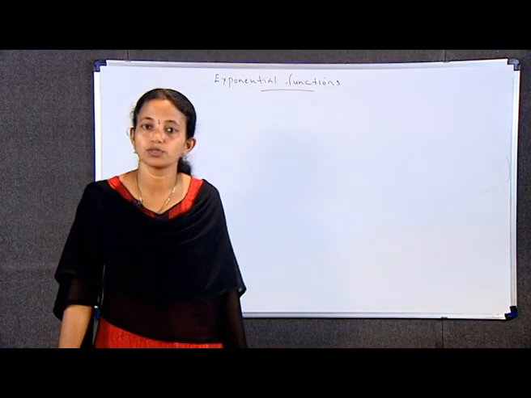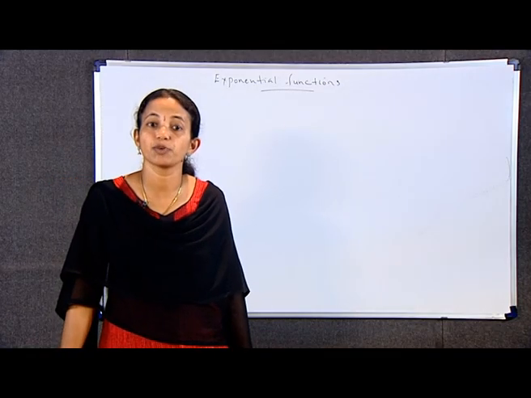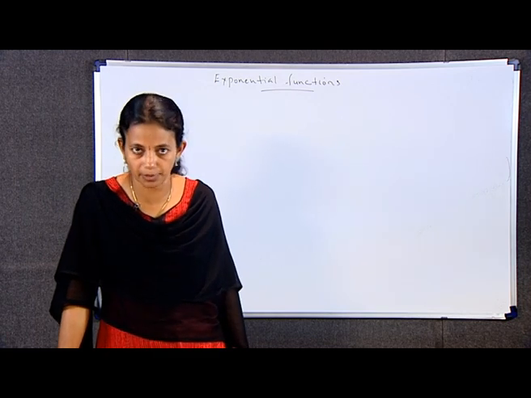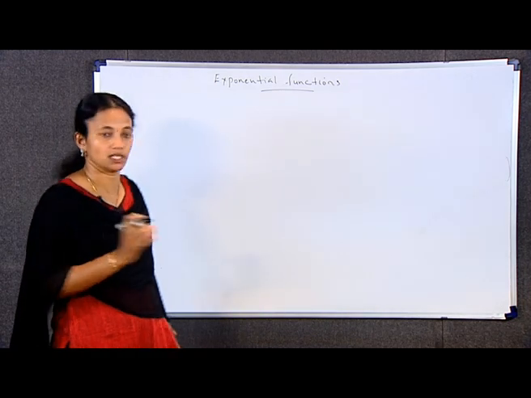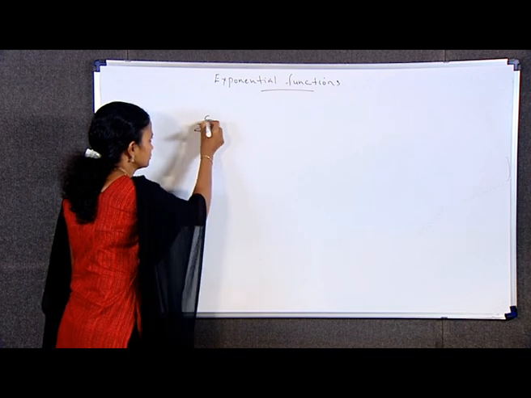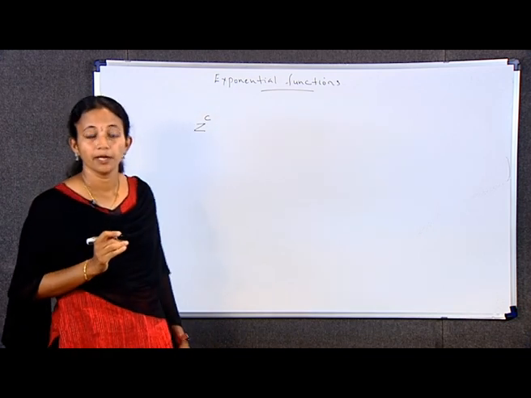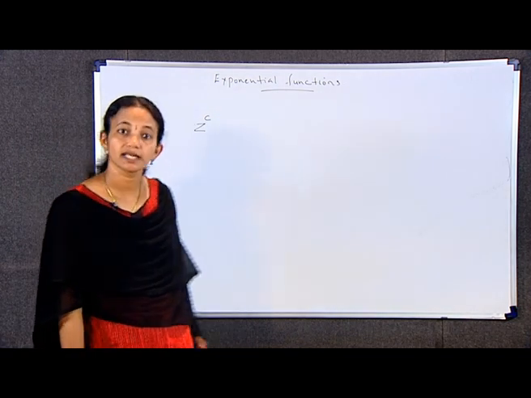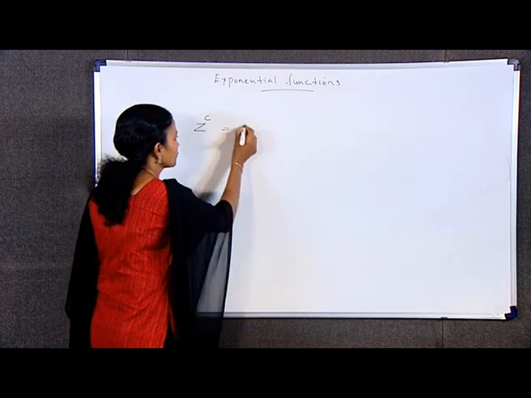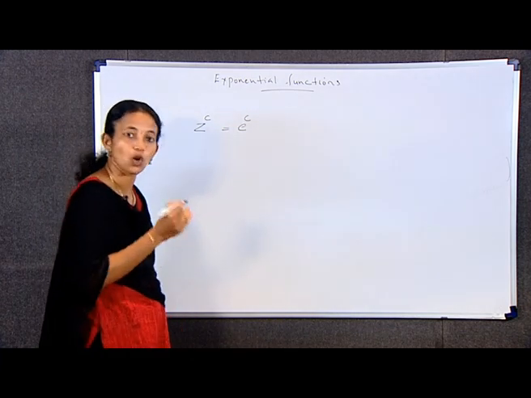Next, we have general powers, complex exponents. That is, when z is not equal to 0 and the exponent c is a complex number, z raised to c is defined by means of the equation z raised to c is equal to e raised to c times log z.